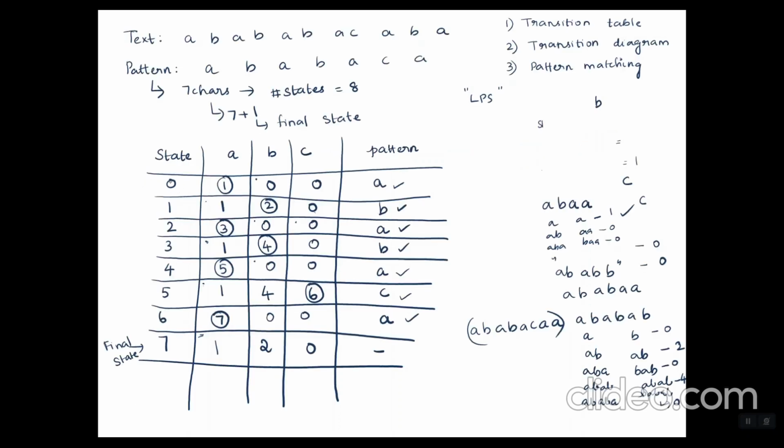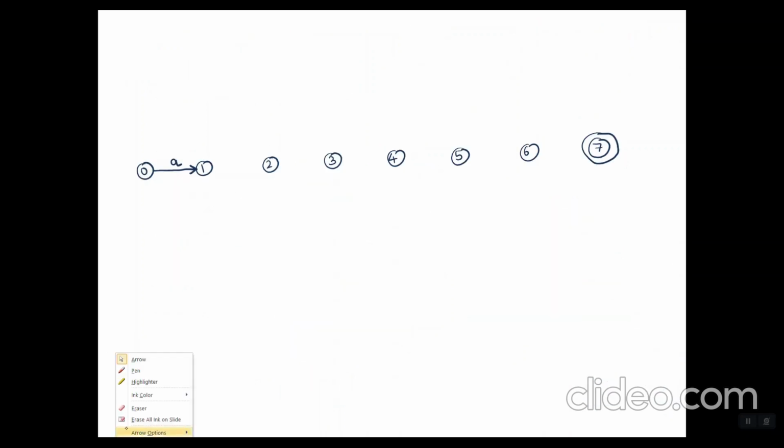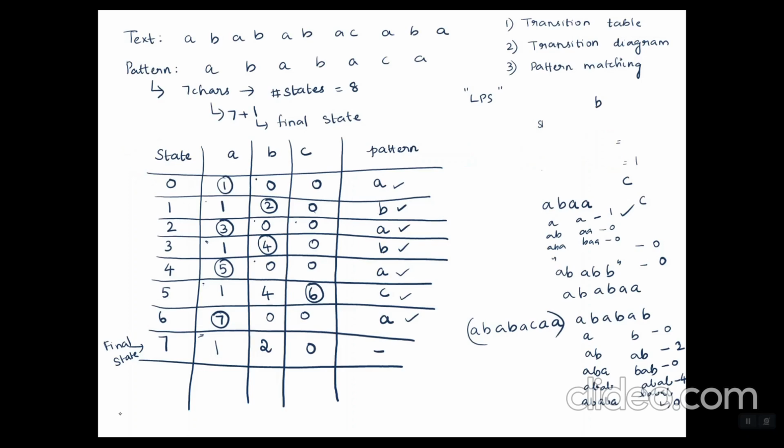Similarly, state 0 accepts B and goes to the same state 0, and state 0 accepts C and goes to state 0. So it accepts B and C and goes to the same state. I draw state 0 accepting B going to state 0, and accepting C going to state 0. That's all with state 0.